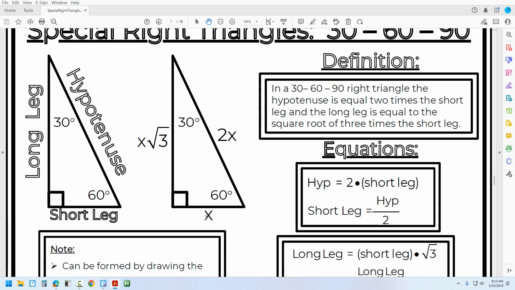So you want to fill in double, or two, I guess you want to fill in 2 times. And then the word short. And then the last blank, it says the long leg is equal to the square root of, you want to write the number 3. Square root of 3 times the short leg.